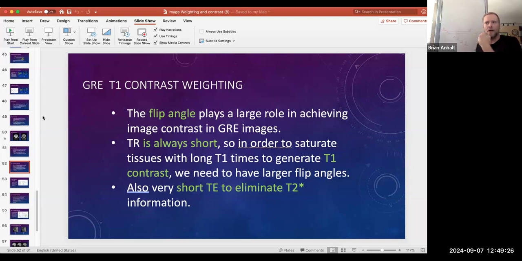So to get rid of T1 information with a short TR, we have to give the longitudinal component of the NMV a head start. And we do that by not flipping it as far. If we want T1 weighting, we flip it a lot, and we keep doing that again and again to get us that T1 weighting.